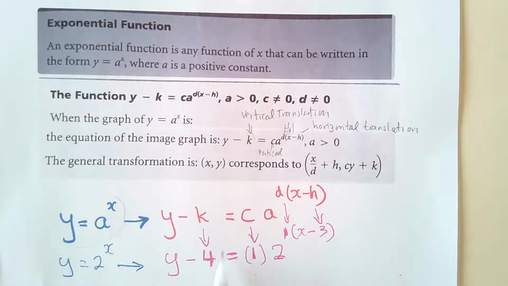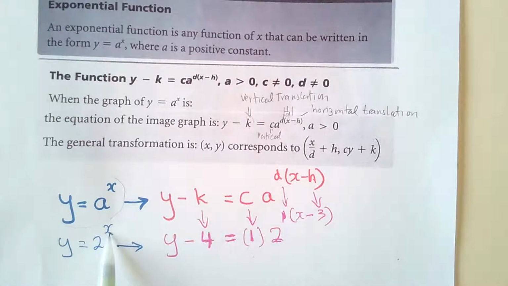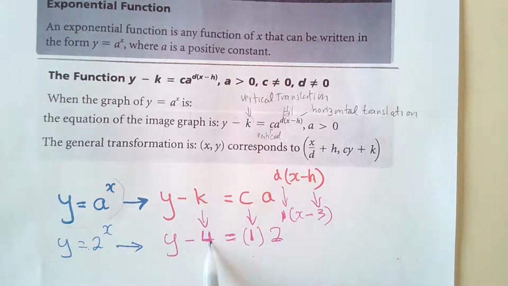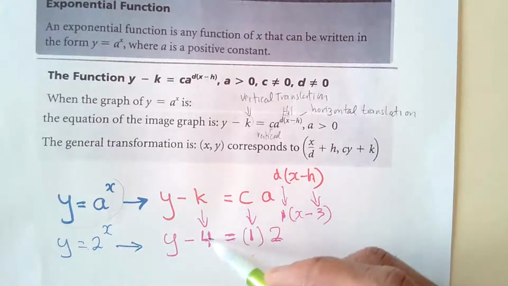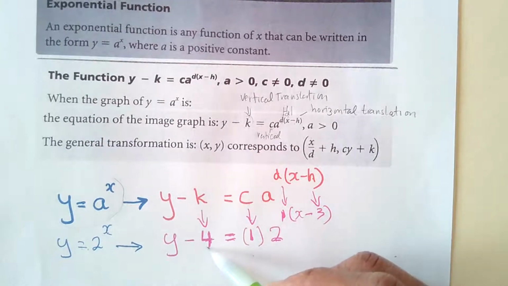Now, let's look at this transformation. If I have this graph y equals 2 to the x, now I can transform that graph. In this case, we have a vertical shift upwards, 4 units. This is your k, 4 units up.